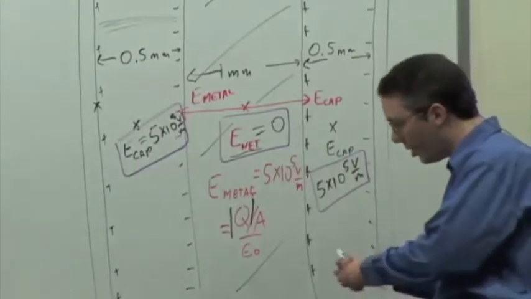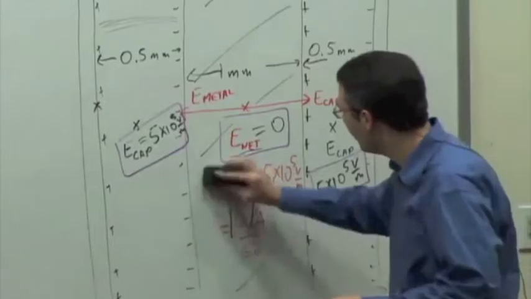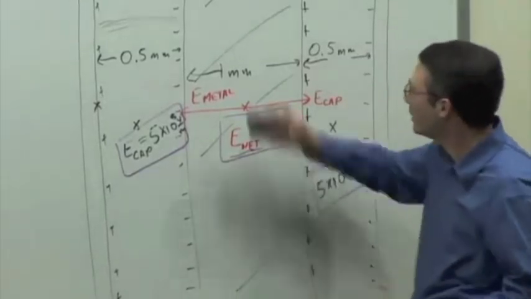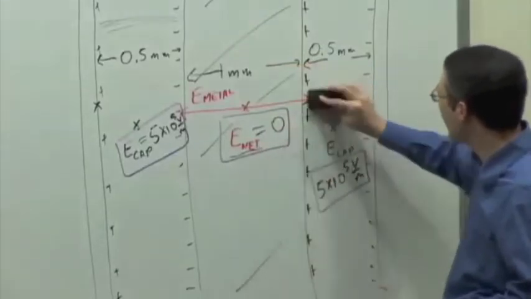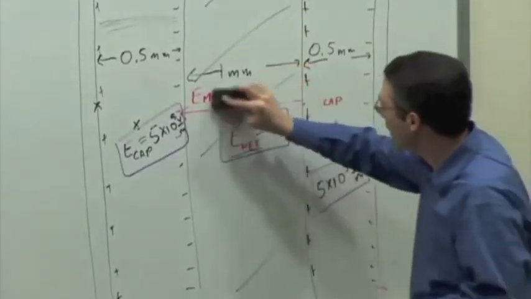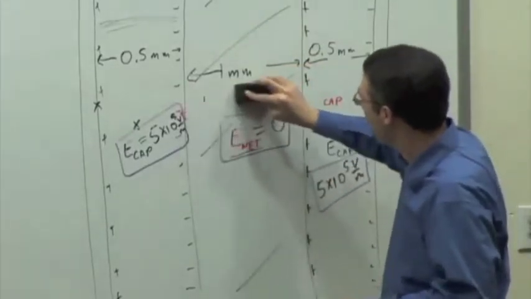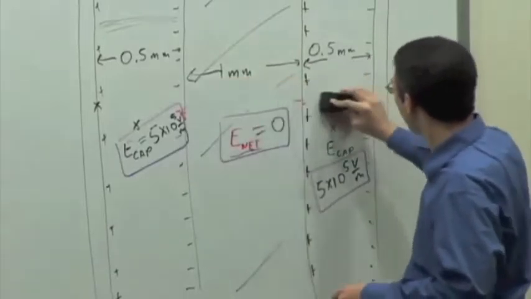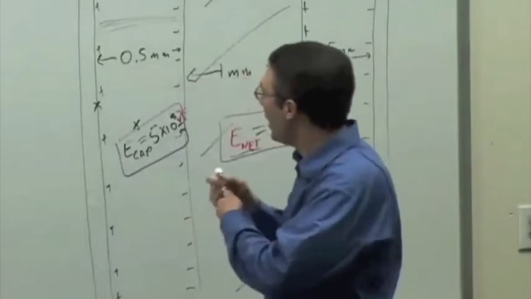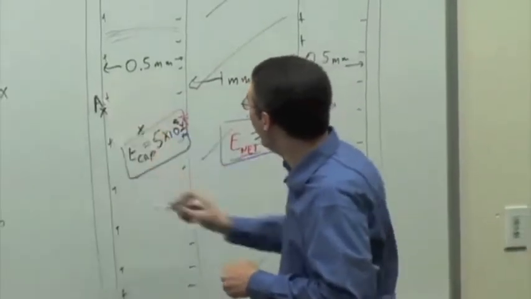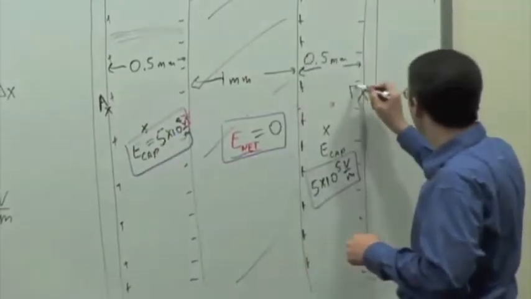There's a lot of stuff here, so let me clean this up. And we still have our 2 locations, A, which is over here, and B, which is over here.